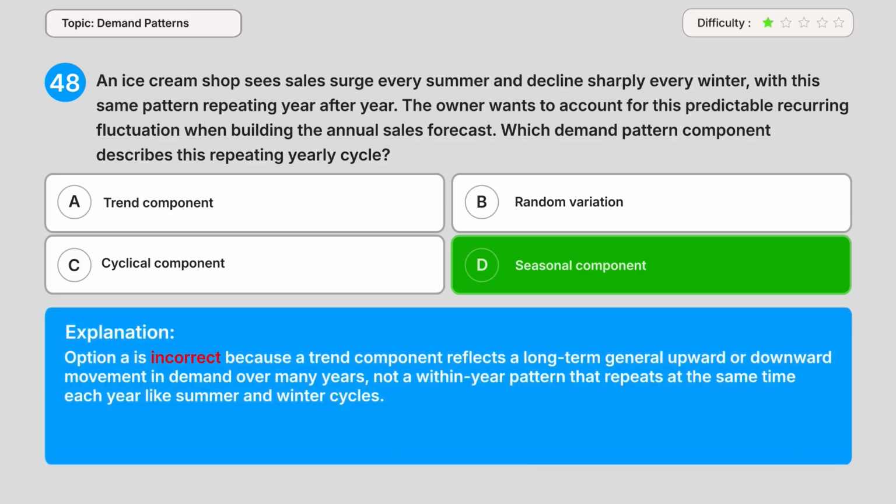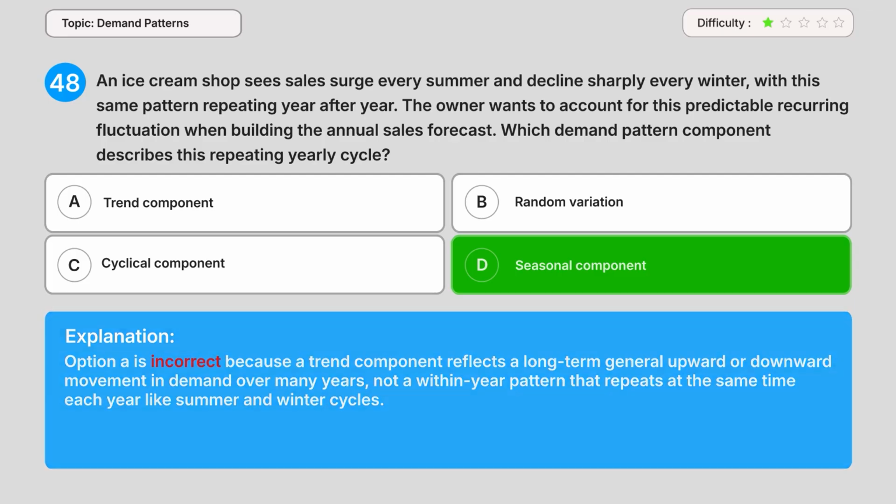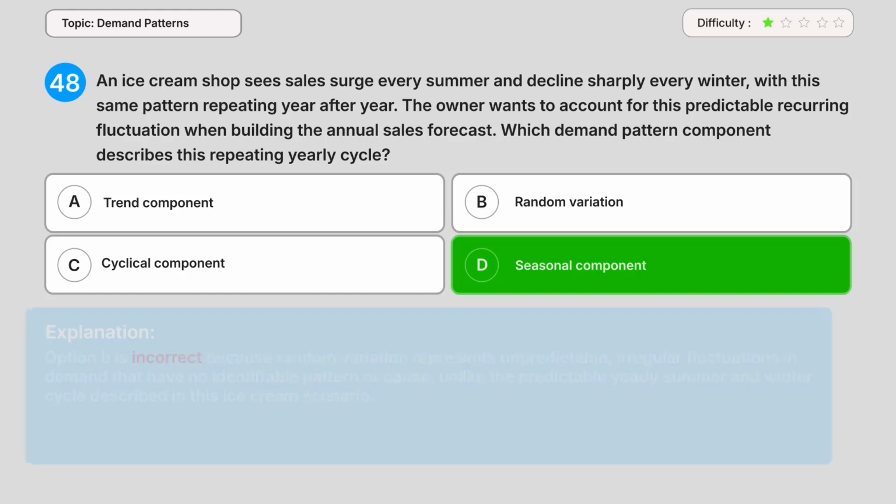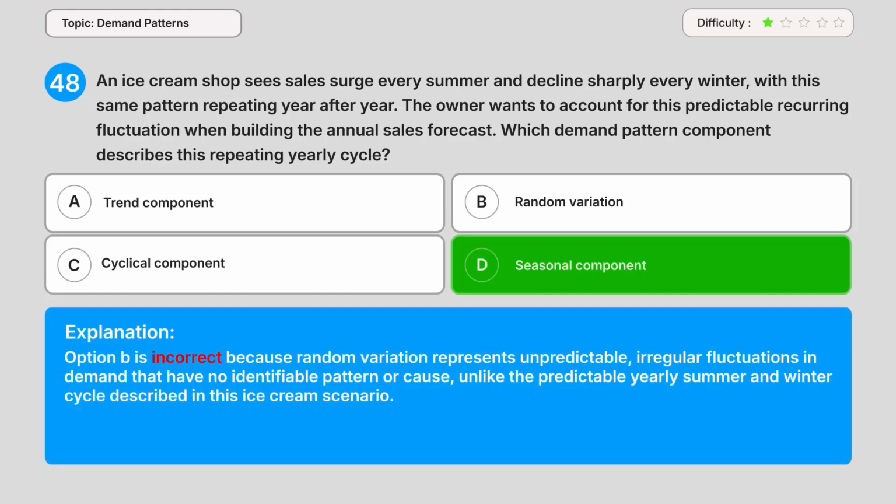Option A is incorrect because a trend component reflects a long-term general upward or downward movement in demand over many years, not a within-year pattern that repeats at the same time each year, like summer and winter cycles. Option B is incorrect because random variation represents unpredictable, irregular fluctuations in demand that have no identifiable pattern or cause, unlike the predictable yearly summer and winter cycle described in this ice cream scenario.